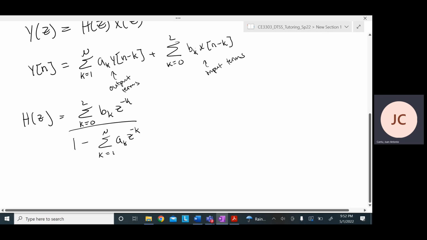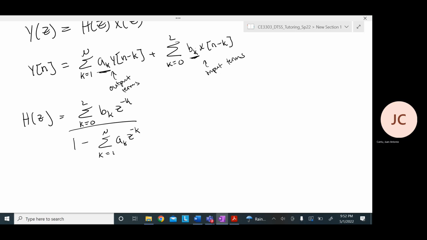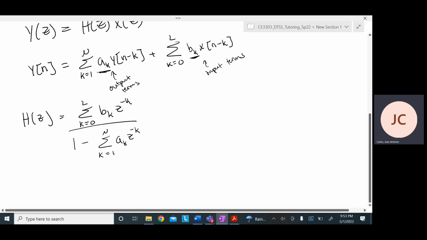So what this means is we're just taking all the coefficients of our input terms and applying that z transform summation I showed earlier. We'll take b sub k z to the minus k. And on the denominator, we'll do 1 minus all of our output term coefficients multiplied by z to the minus k, whatever k may be. The best way to really understand that is just to do a quick example.